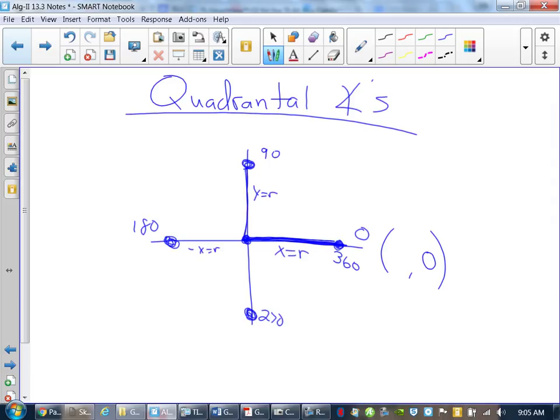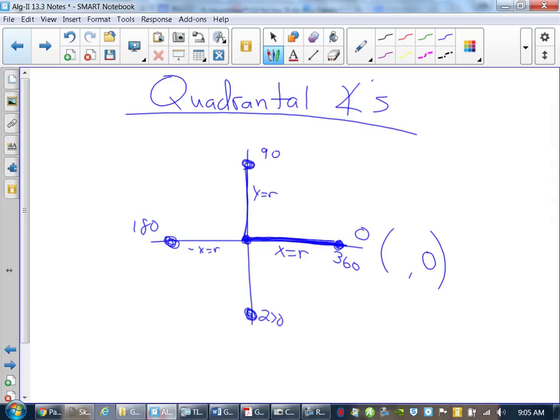The negative x equals the radius, and so on. No matter what value you place that at, you're able to figure out your values of sine and cosine on the quadrantals just by the ordered pairs.